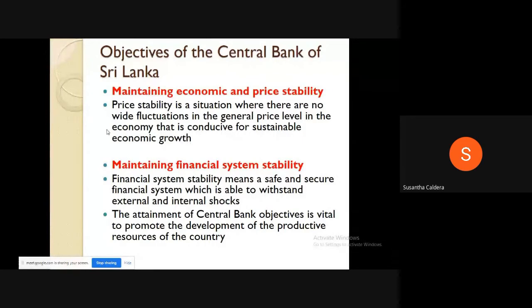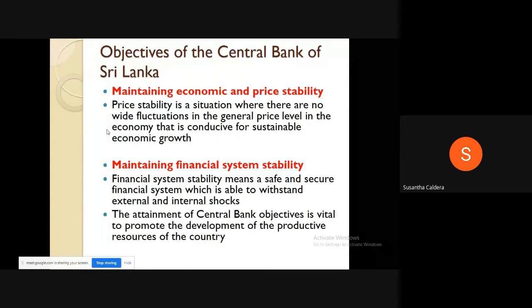Maintaining financial system stability. Financial system stability means a safe and secure financial system which is able to withstand external and internal shocks. Do we have that? No. That is also failed.